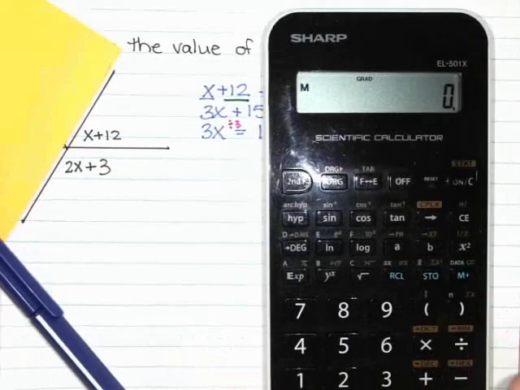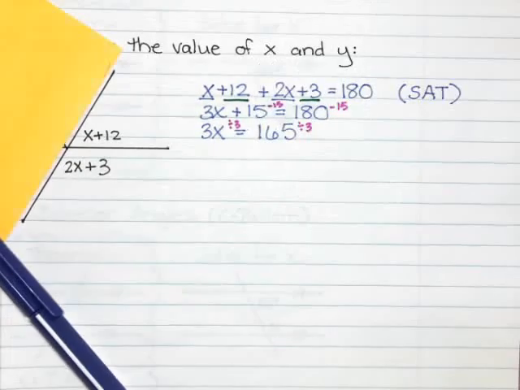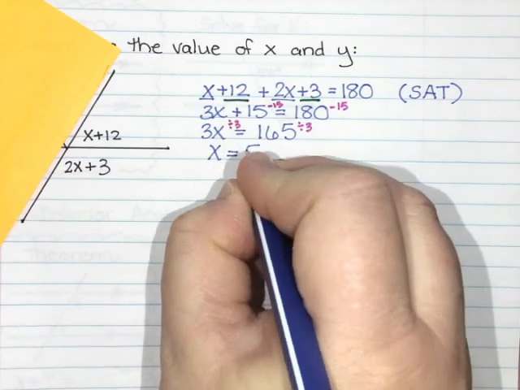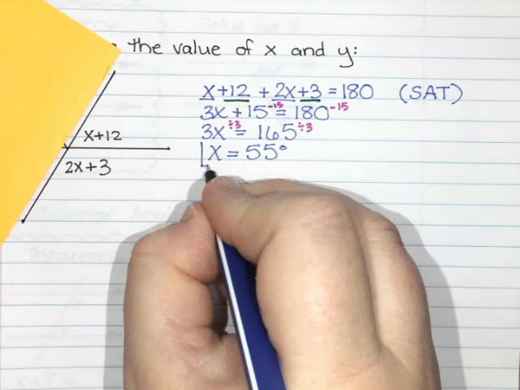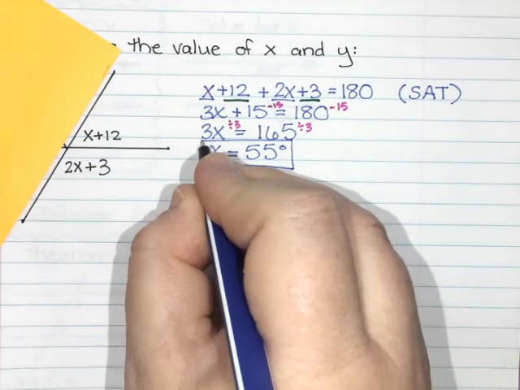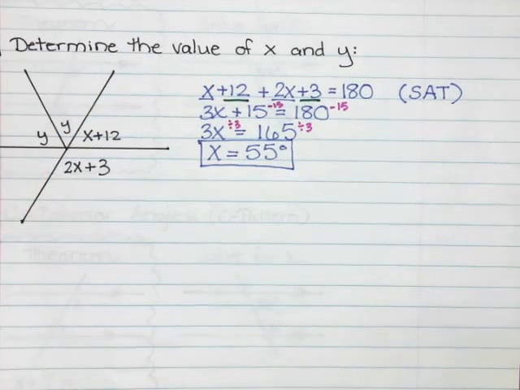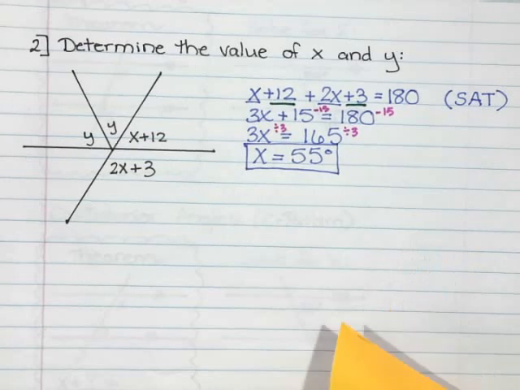So 165 divided by 3 is 55. And that is degrees. So that means x is 55 degrees. Okay, so I now know what x is. I still need to figure out what y is.